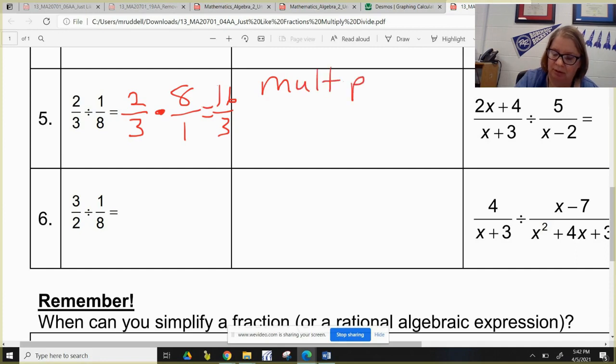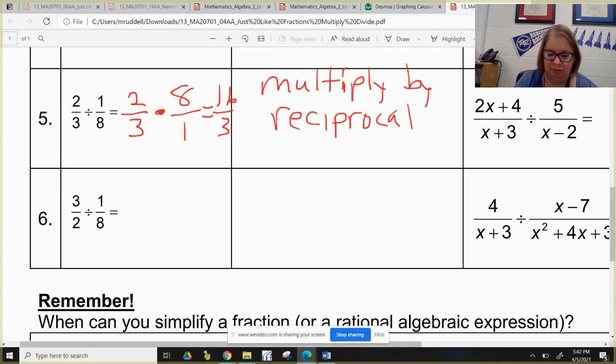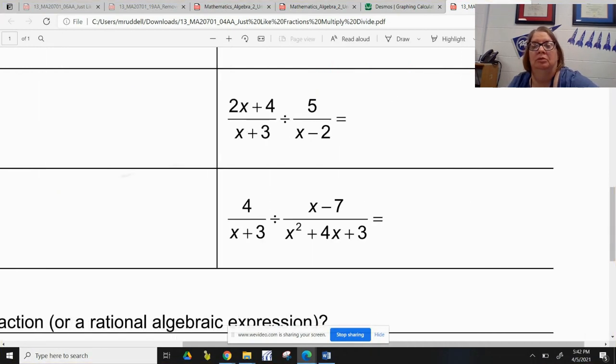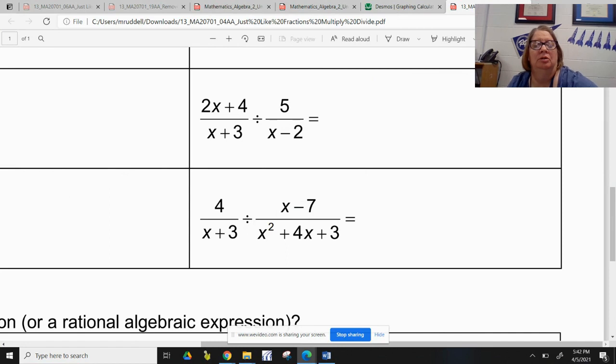Okay. Multiply by the reciprocal. That's our rule for dividing fractions. The same rule applies when we're dividing rational expressions. 2x plus 4 over x plus 3 divided by 5 over x minus 2.